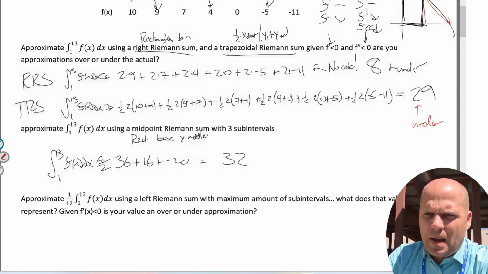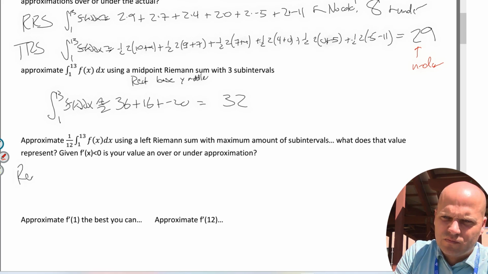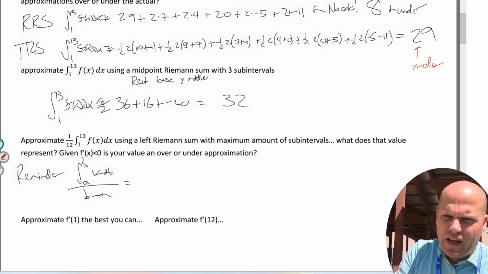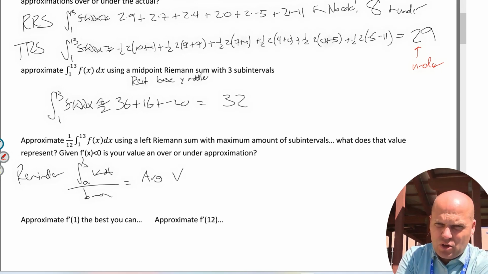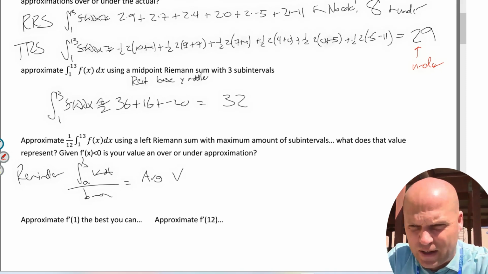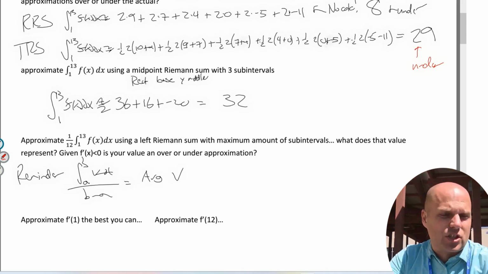Cool. One thing to remember is that you're accumulating something, and we would get an average of what we're accumulating if we divide it by the interval. So the accumulation of the velocity divided by the interval is the average velocity. It's not the average position.